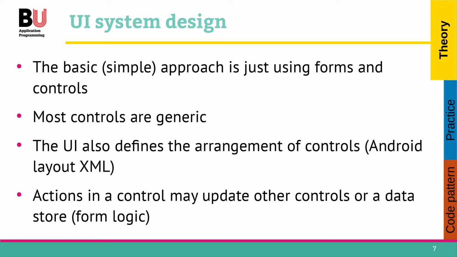Of course, we also put in the UI things like how you arrange your controls. And there's another reason why you might want to use these approaches: if you can make most of your application independent from your UI, it becomes much easier to test it. So you can test your application very easily without having to do UI testing.